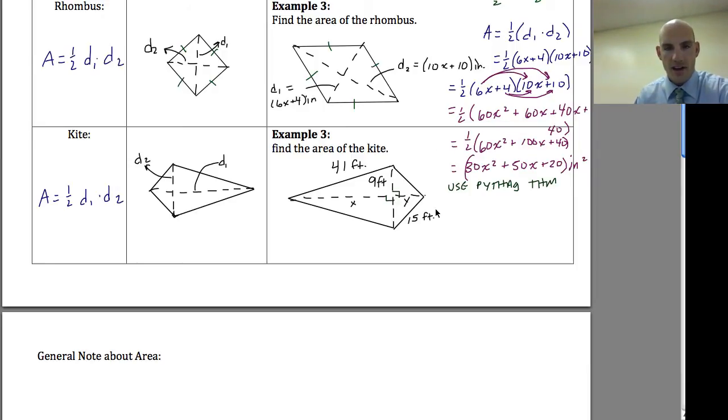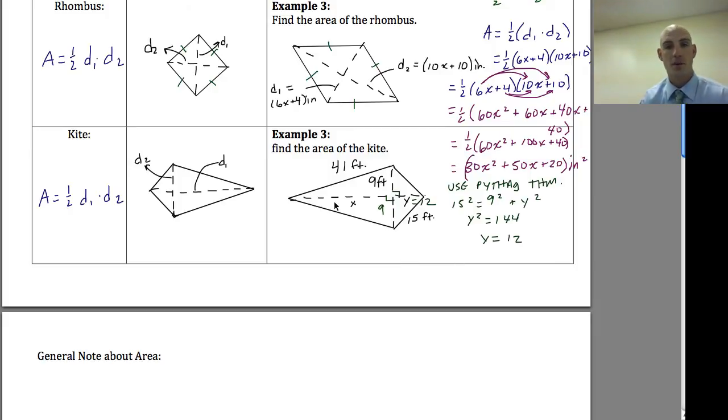And so what I've got here is a triangle that is 9 and 15, so 15 squared equals, that's the hypotenuse, equals leg squared, 9 squared, plus y squared. And when we solve for that, we end up with y squared equals 144, so y equals 12. So this is equal to 12.